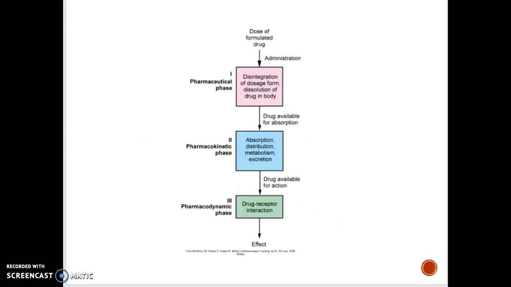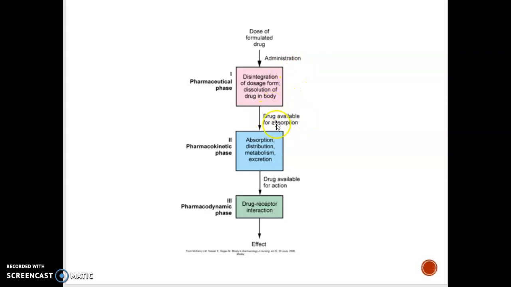So, why do I point out the difference between pharmaceutical, pharmacokinetic, and pharmacodynamic? Well, when we look at how the drug goes from the dose of a formulated drug to the effect that it has on the human or the organism, you'll see we go through these steps. A pharmaceutical phase where the disintegration of the dosage form or the dissolution of the drug in the body occurs after administration.